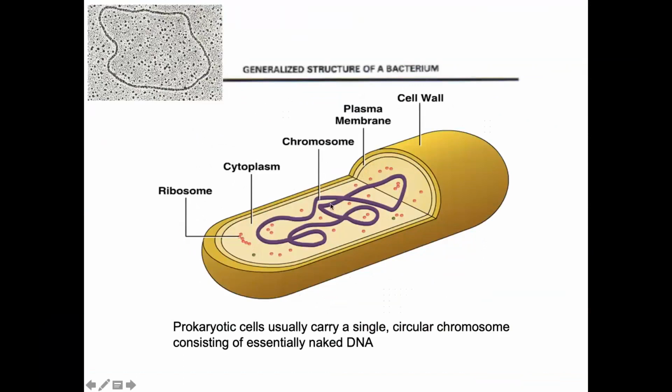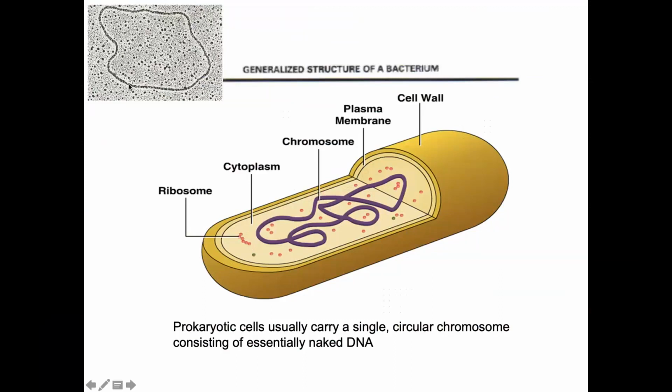In prokaryotic organisms, predominantly what you see is that there's a single molecule of DNA that represents the genetic material of the organism. That genetic material is in the form of a DNA molecule, and that DNA molecule is circular.